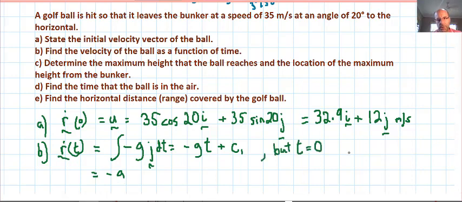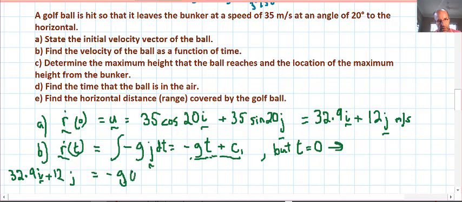But at t equals 0, we get the following. From previous, we've got 32.9i plus 12j, which is the same as when we substitute into here, negative g times 0 plus c1. So c1 actually equals this vector here.